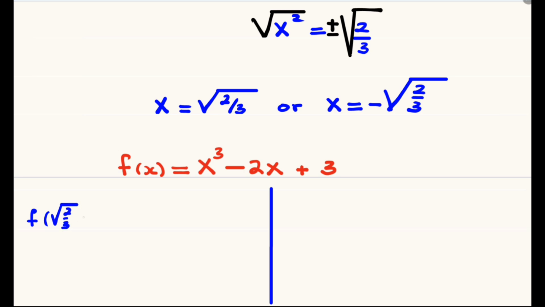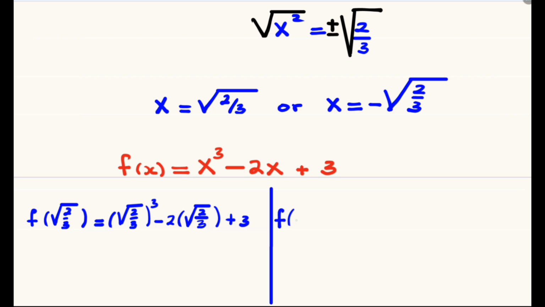So in the place of the x, we'll substitute the square root of 2 over 3. So we have the square root of 2 divided by 3 raised to the power 3 minus 2 multiplied by the square root of 2 divided by 3 plus 3.